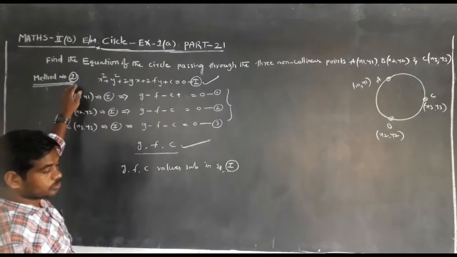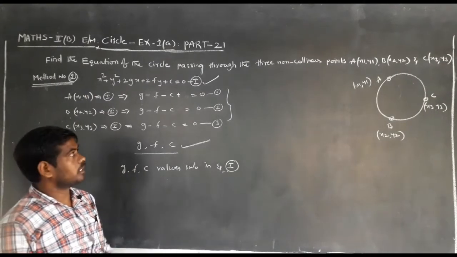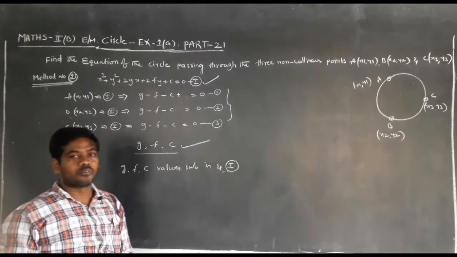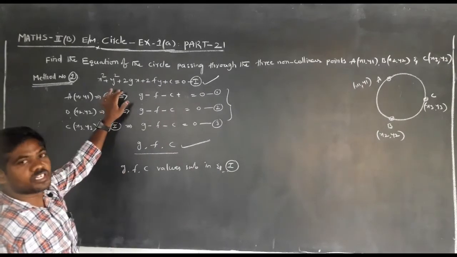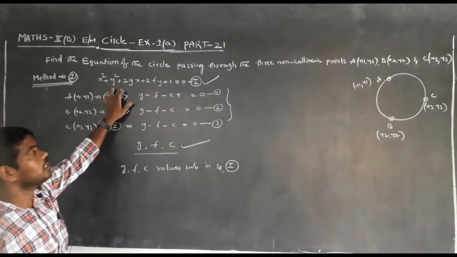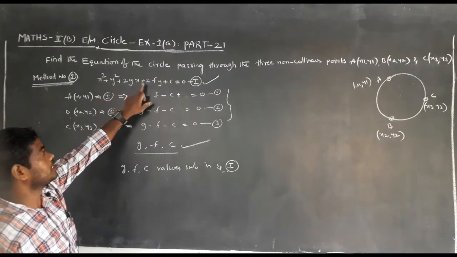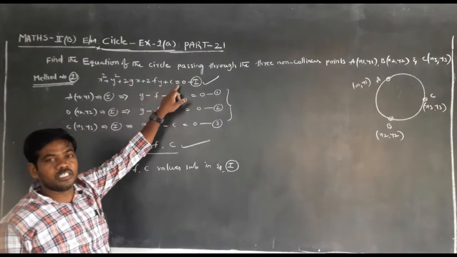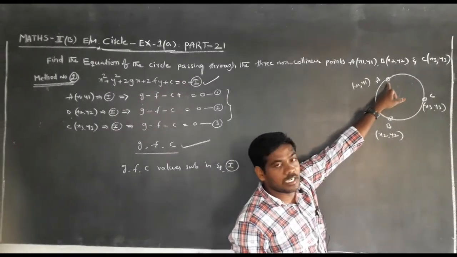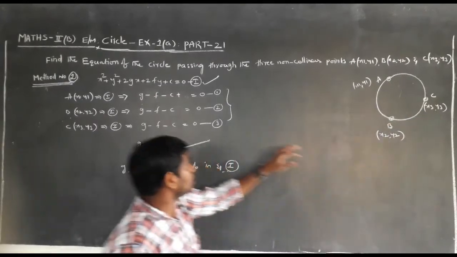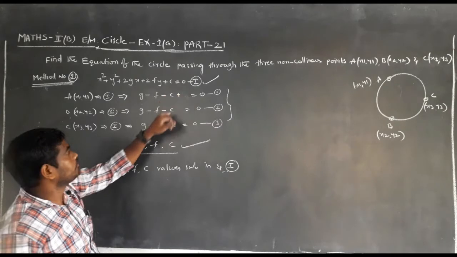Method number 2: find the equation of the circle passing through the three non-collinear points. In this method, we suppose the equation of the circle passing through the 3 points is x square plus y square plus 2gx plus 2fy plus c is equal to 0. Substitute the 3 points A, B and C in equation Roman number 1.